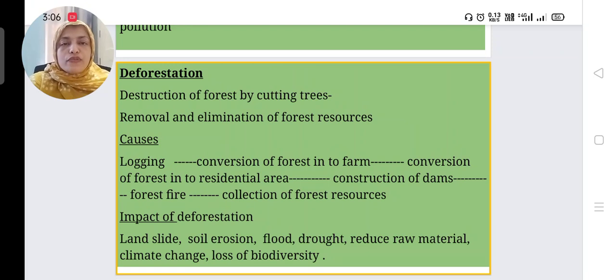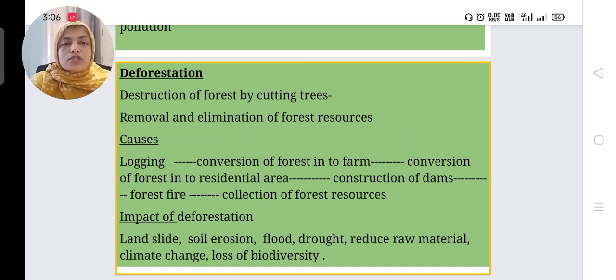In most of the cases, it will happen. People are going to forest and they are occupying that land and building their own house at that place. Then construction of dam, forest fire, collection of forest resources, construction of resort, etc. are the major reasons of deforestation.